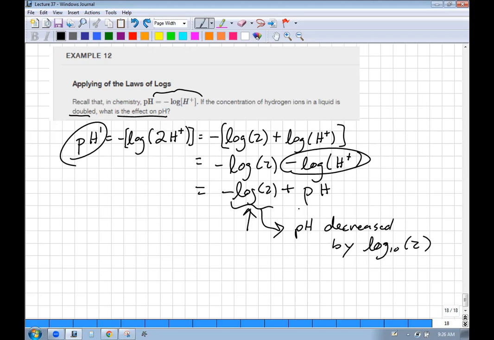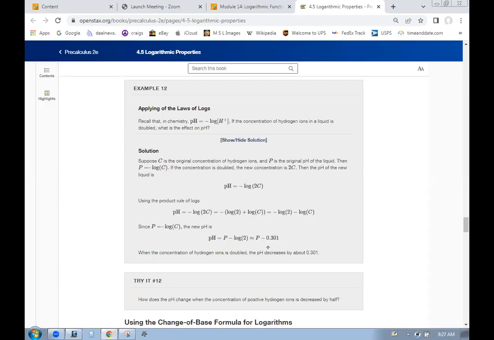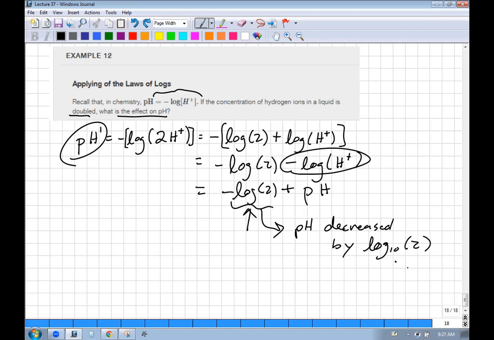If you double your hydrogen ions, the pH decreases by log base 10 of 2, which is approximately 0.3, right? So every time you double the hydrogen ions, your pH decreases by about 0.3. So you really have to add a lot of hydrogen ions in order to decrease your pH by a lot, you know.